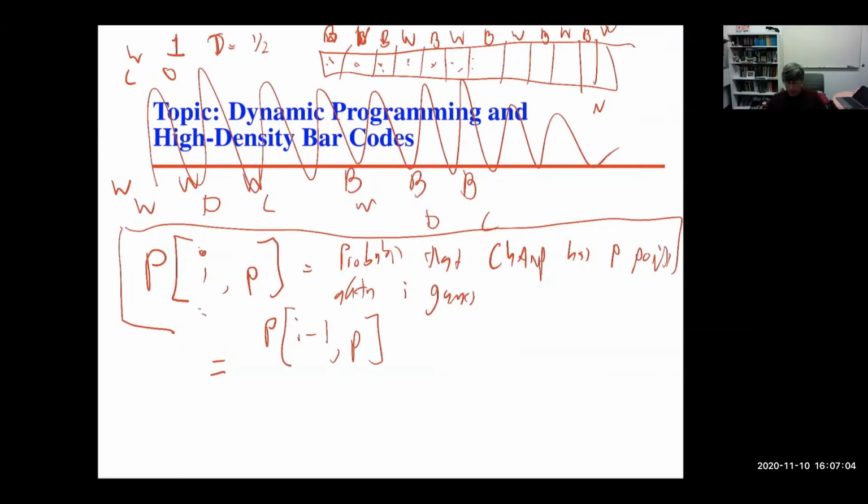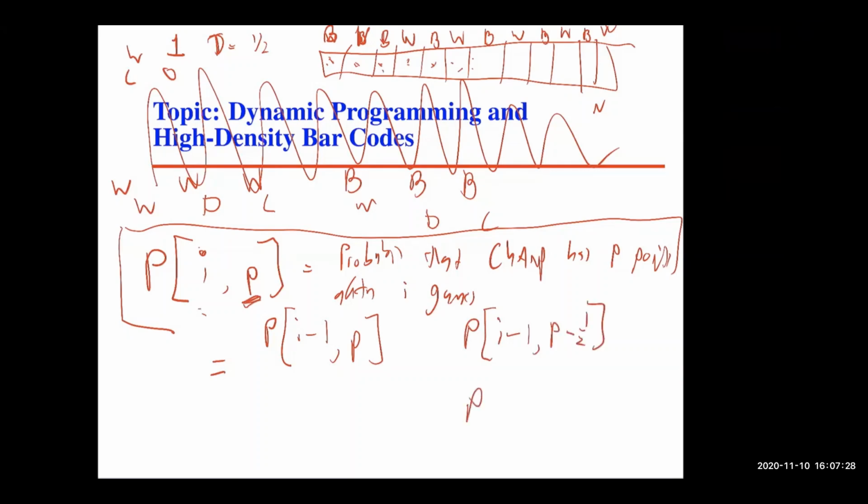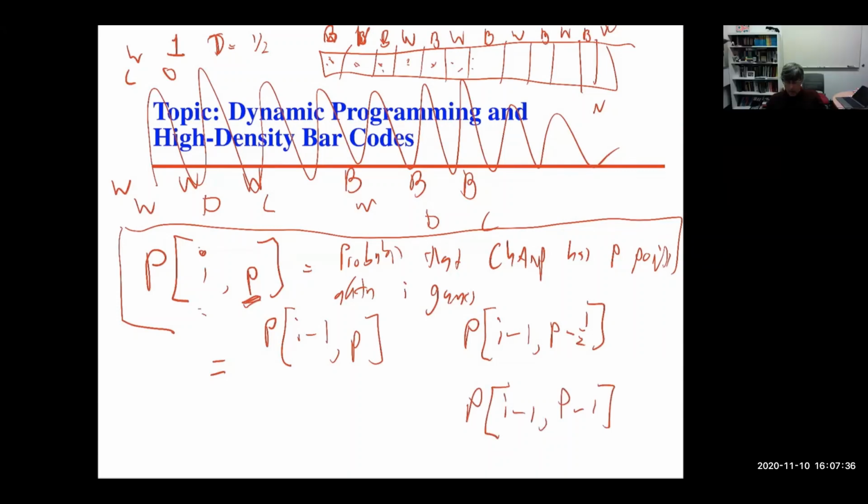Okay. I am going to claim that there's a couple of different possibilities. If I'm going to end up with P points, there are 3 probabilities I'm going to care about. On the ith game, either I'm going to win, I'm going to lose, or I'm going to draw.